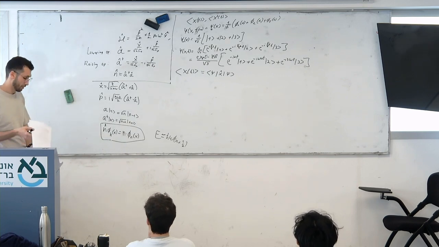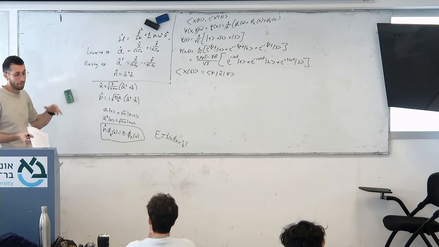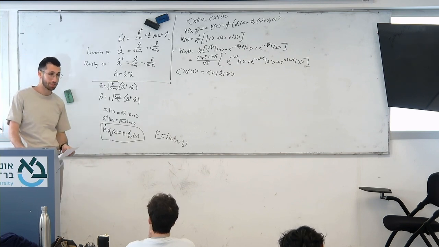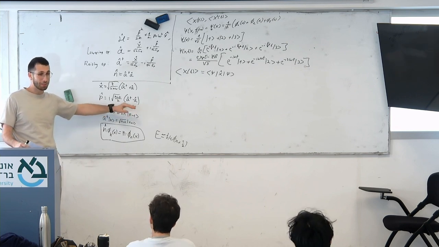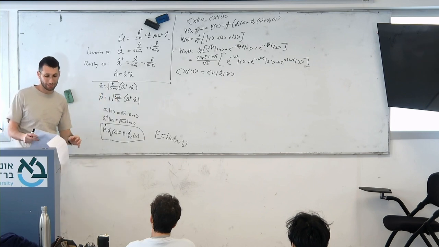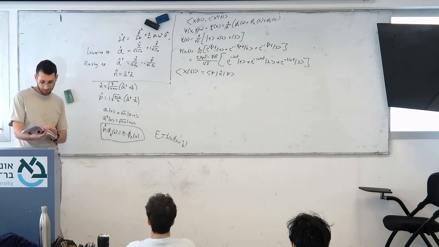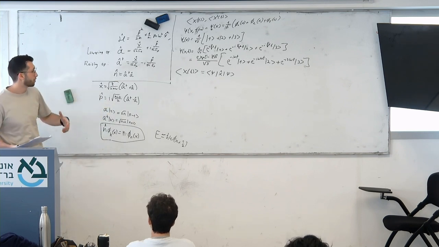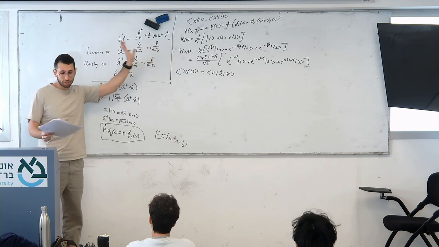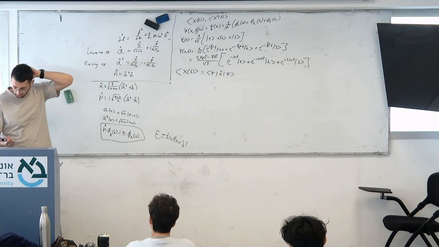But also remember this lowering and raising operator are specific to the harmonic oscillator system. It's not something global. We showed it for harmonic oscillators, and it works for harmonic oscillators.